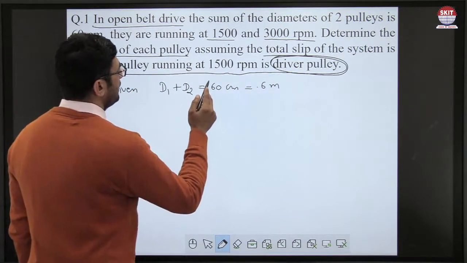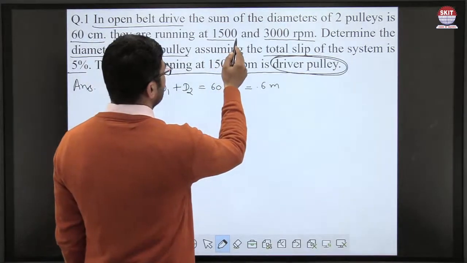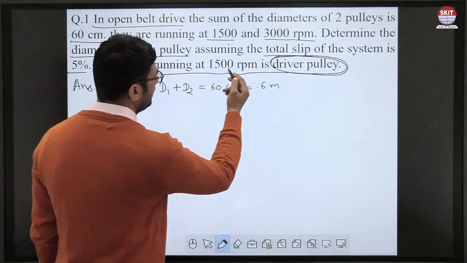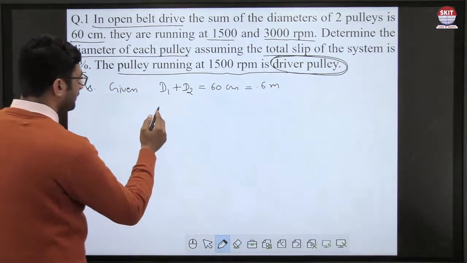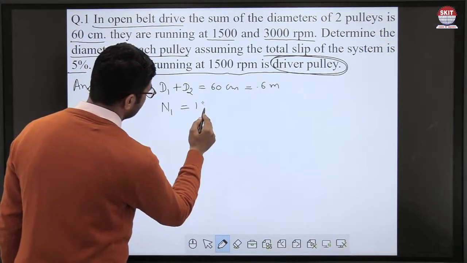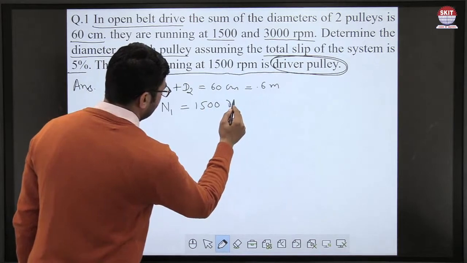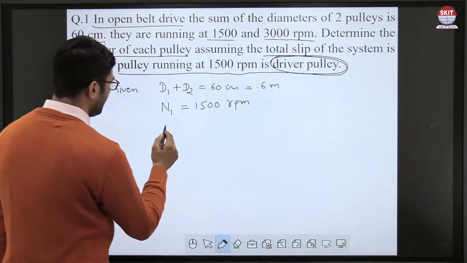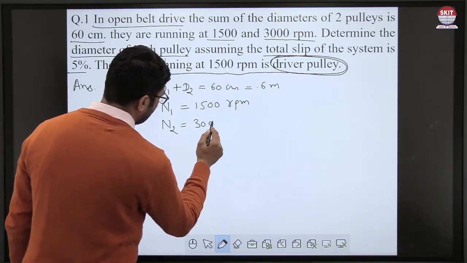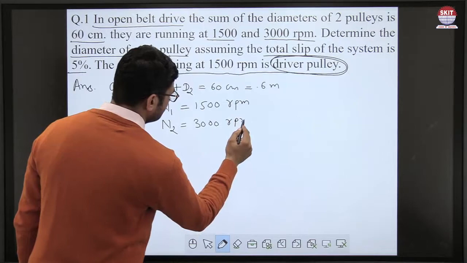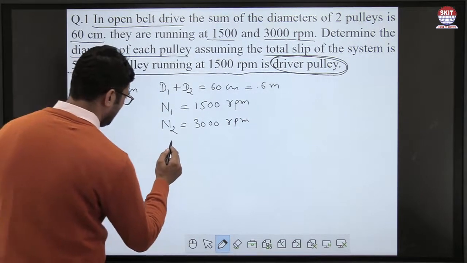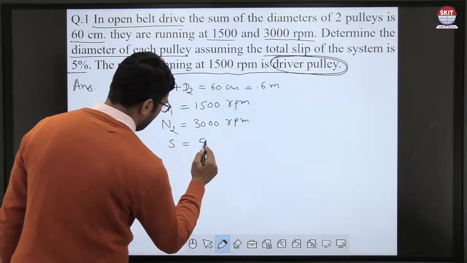Given the rpm of the two pulleys, 1500 and 3000 rpm, and the 1500 rpm pulley is the driver pulley, and the driver pulley rpm is denoted by N1. So N1 is equal to 1500 rpm. The other rpm is N2, which is 3000 rpm. And one more piece of information is given, the value of S equal to 5%.